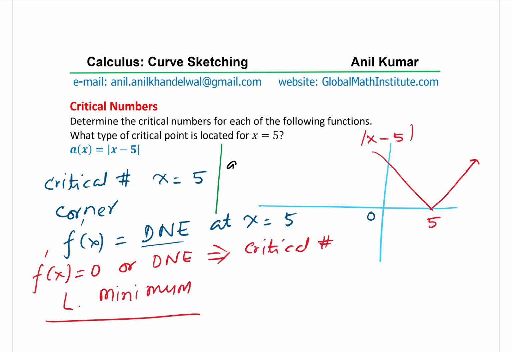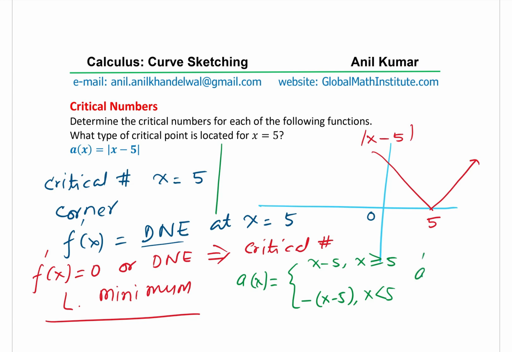So let's say we have this function, a of x, which is written as x minus 5 for x is greater than or equal to 5, but it is negative of x minus 5 for x less than 5. That is how you define this particular function, correct?